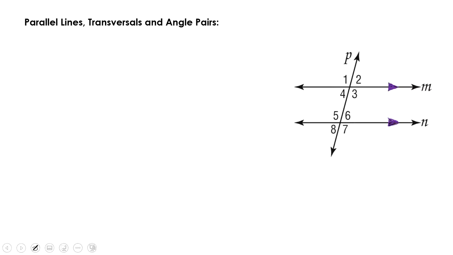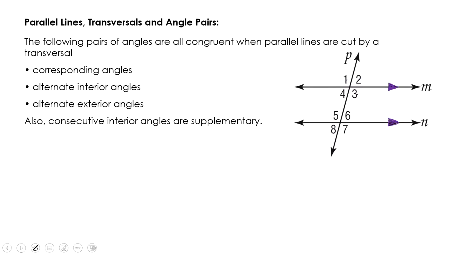What these do now is we still have all our relationships. 1 and 7 are alternate exterior, 2 and 8 are alternate exterior, 3 and 5 are alternate interior, 4 and 6 are alternate interior, 1 and 5 are corresponding. All those relationships still exist. What they bring on additionally with parallel lines is that all of those angle relationships are now congruent. So corresponding angles are congruent.